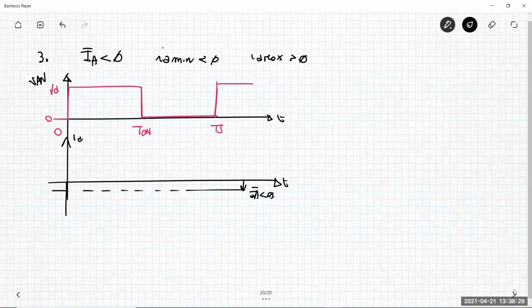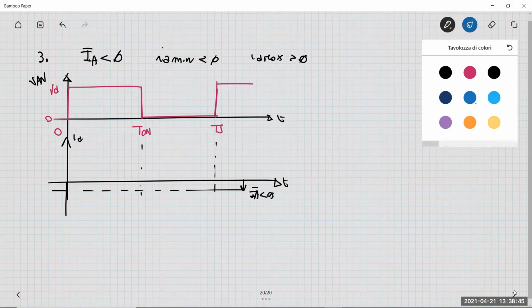Okay, we are just having an average power flow that is directed from the motor to the source, from the right to the left. And then the current has this behavior here.